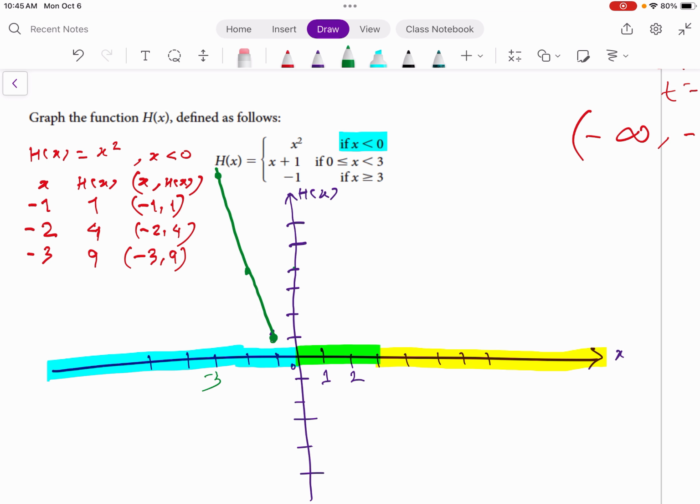Now, how far can we go on the left side? Our blue region goes all the way to positive infinity, right? It means we can go all the way up to negative infinity. Now, on the right end, how far can we extend this graph?